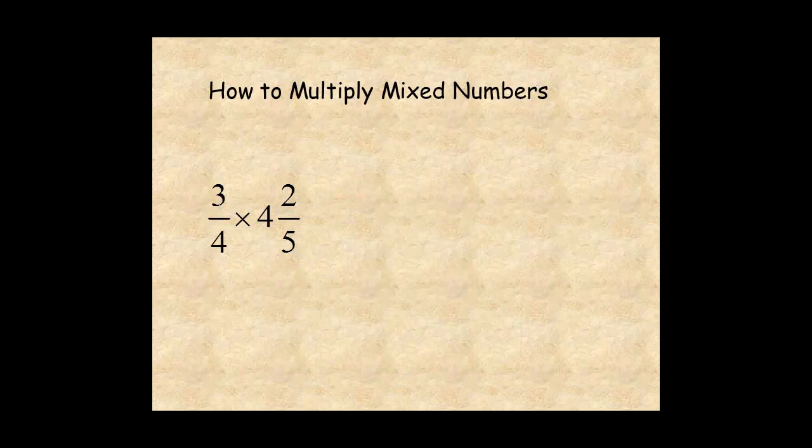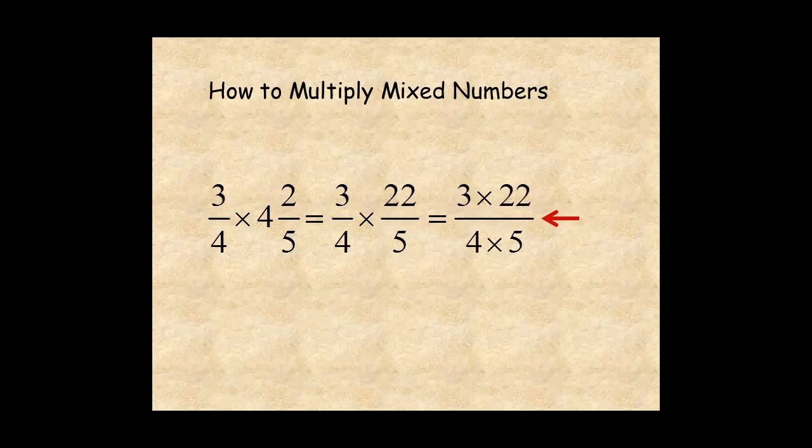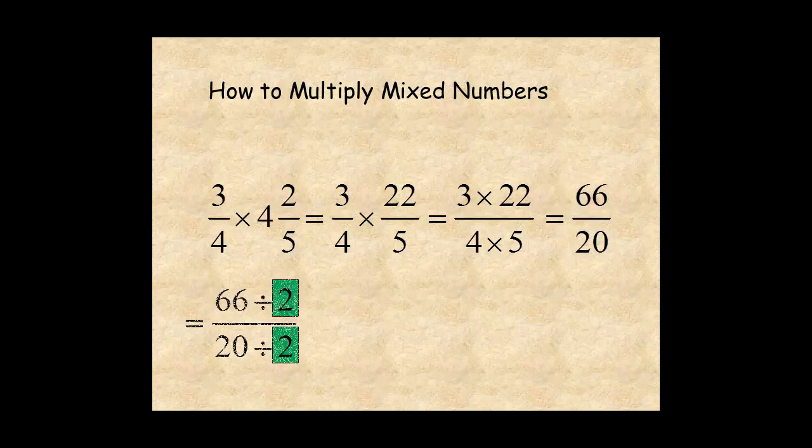Here's another example. To multiply 3/4 times 4 2/5, 4 2/5 is rewritten as 22/5. Then multiply the numerators and denominators 3 times 22 over 4 times 5 for 66 over 20. 66 and 20 have a common factor of 2, so divide the numerator and denominator by 2 for 33 over 10.